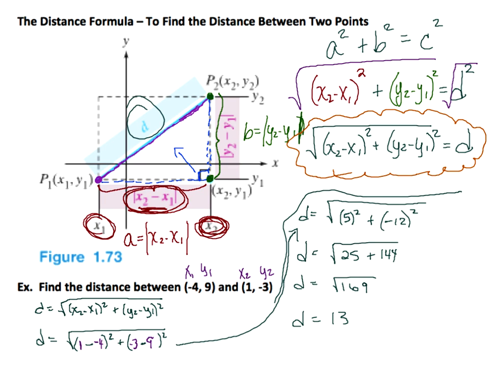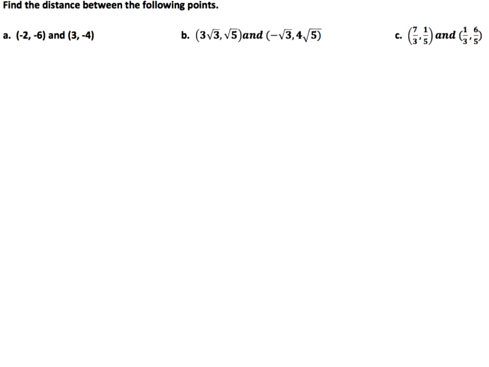Okay, moving along. I think I've got a few more examples with some more challenging numbers to do the distance formula with. So I'm just going to write the distance formula at the top here so I don't have to write it each time. But once again, I encourage you to write it every time you use it so that you'll know it. It's squared plus y2 minus y1 squared.